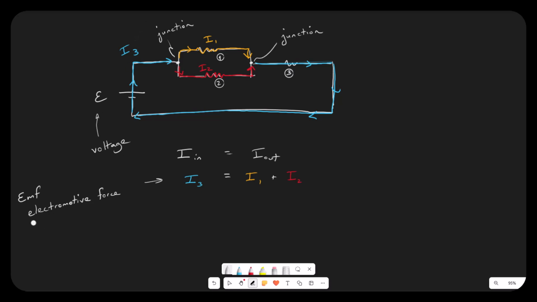So it used to be electromotive force when this was first being developed, but then some people realized this isn't actually a force, so this is actually kind of a bad name for this. Let's not call it electromotive force, but electromotive force was a long enough name that people said, yeah, let's just call it EMF instead.